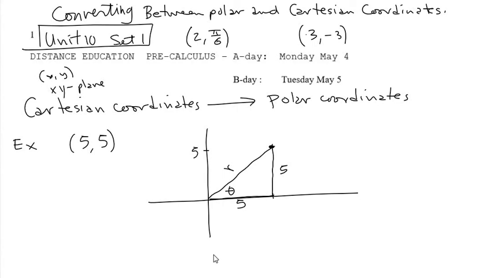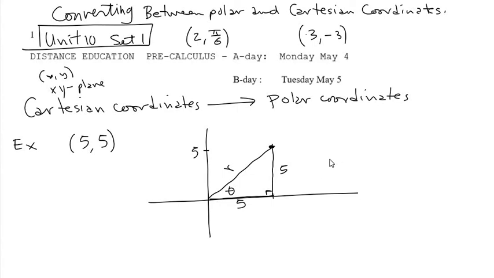Now, you may remember the work that we have done in the past where you're given a triangle. This is a right triangle, by the way. And you're given some sides or some sides and an angle, and you're trying to figure out the missing pieces. You can use all of that knowledge, but all the problems we're going to do in these conversion problems are going to rely on the special triangles, okay?